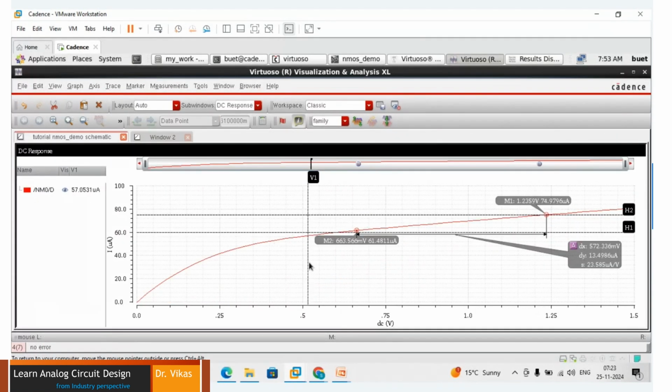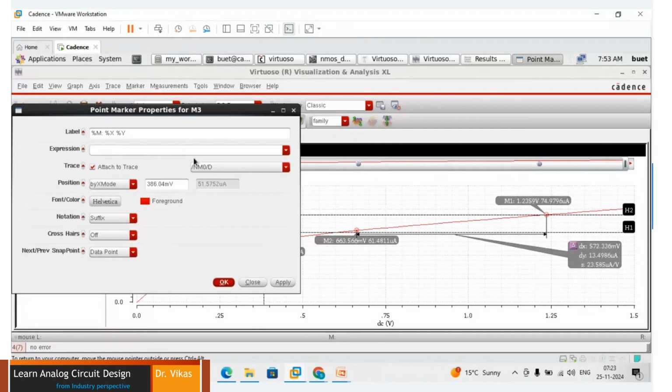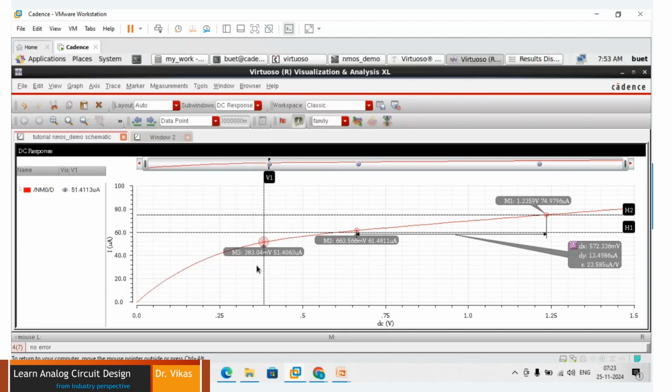So let me just go somewhere over here. I can double click on this, make it 383, and say okay, it will come over here.